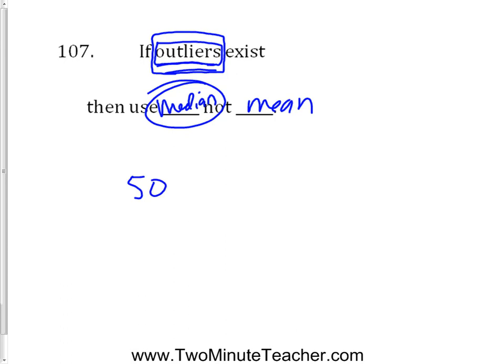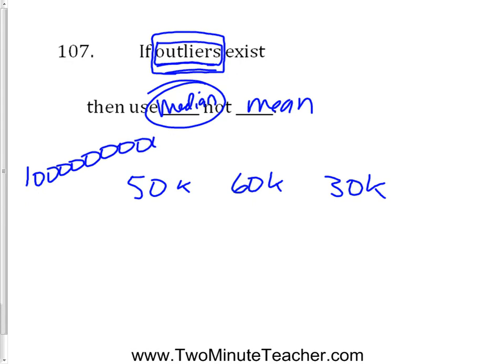If these are the people in that neighborhood, one makes 50,000, another makes 60,000, another makes 30,000, and then there's Bill Gates who makes 1 billion. So then he's obviously going to throw off that average a lot. But the middle would still be, of these 4, the middle one.